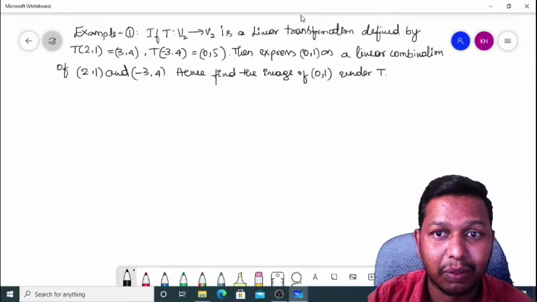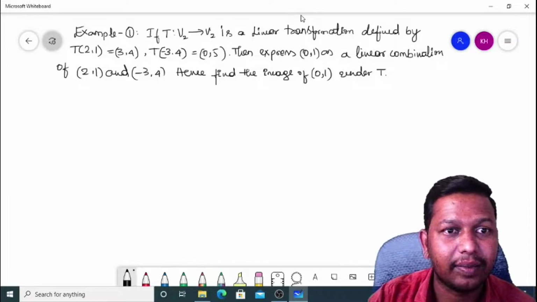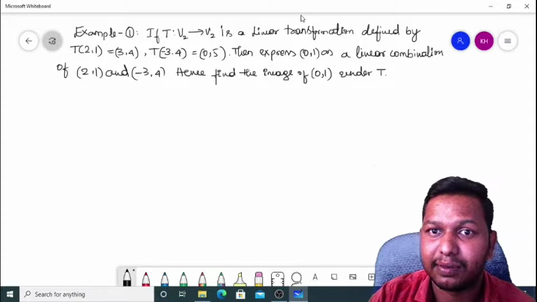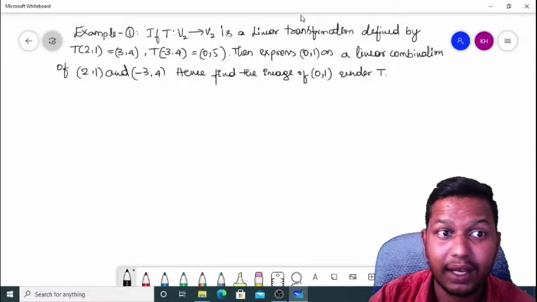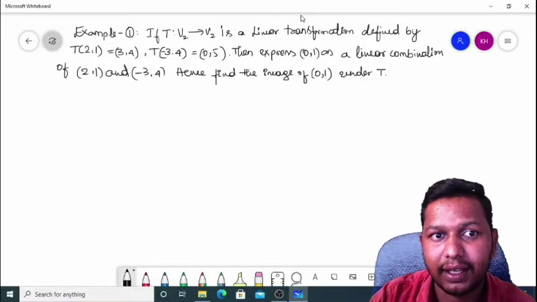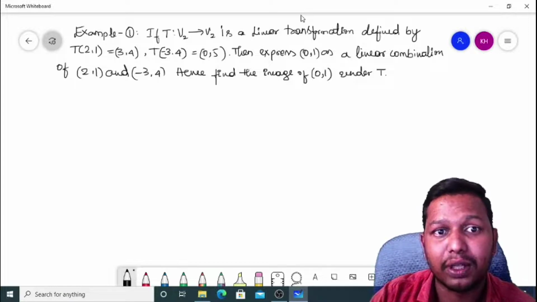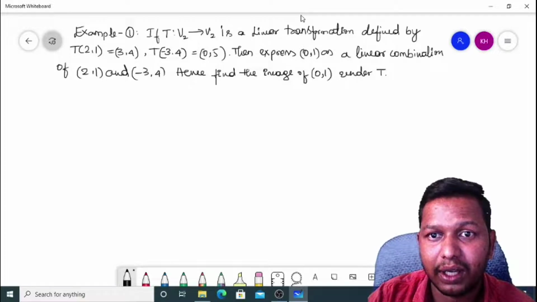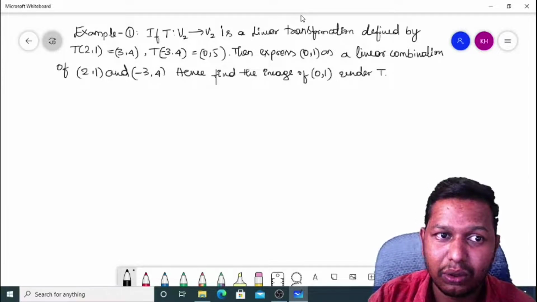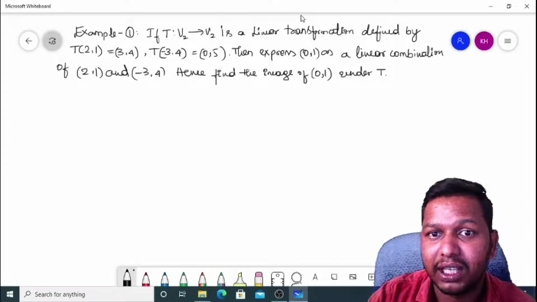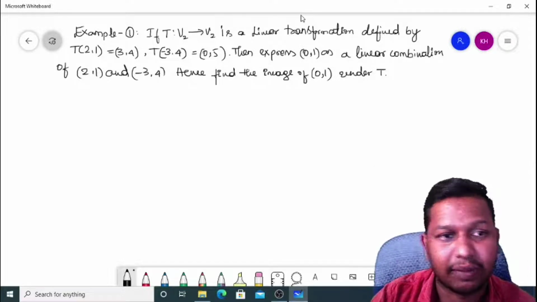Let's see one problem on this one, that is, if T from V2 to V2 is a linear transformation defined by T of (2, 1) is equal to (3, 4) and T of (-3, 4) is equal to (0, 5), then express (0, 1) as a linear combination of (2, 1) and (-3, 4), and hence find its image of (0, 1) under the transformation T.